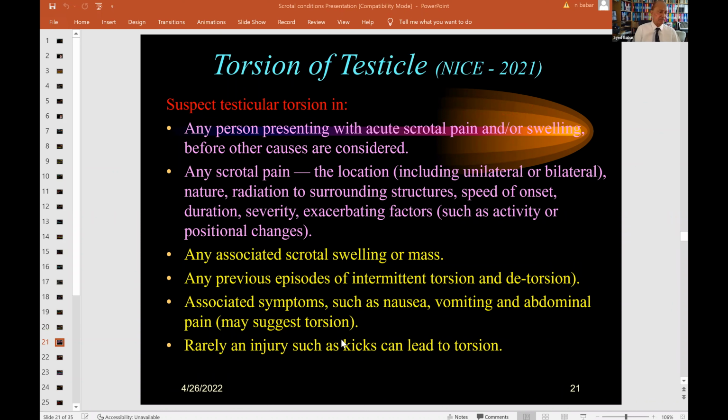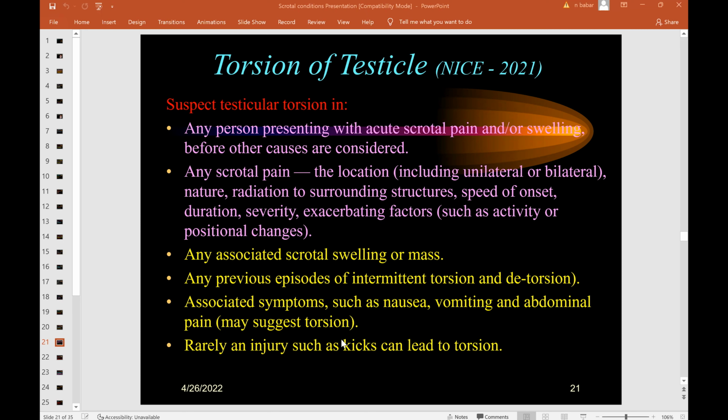Torsion of the testicle. Torsion is suspected in any patient with acute scrotal pain or swelling before other causes are considered. So, any scrotal pain, unilateral or bilateral, radiating to surrounding structures, occurring very quickly and severely, with some exacerbating factors such as recent activity, injury, or positional change.